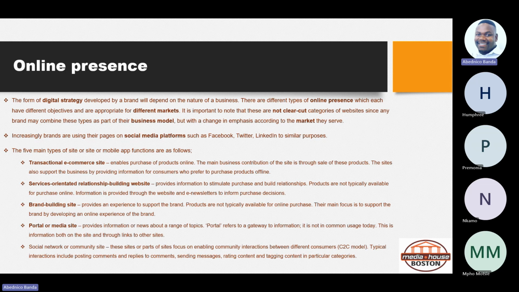Online presence does not mean just having digital assets like your website, your social media accounts, or your mobile applications. It means being alive in those digital assets. You'd hear a brand saying that we are present everywhere, but they are never active there.